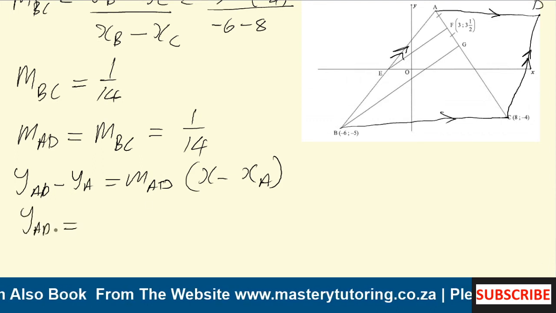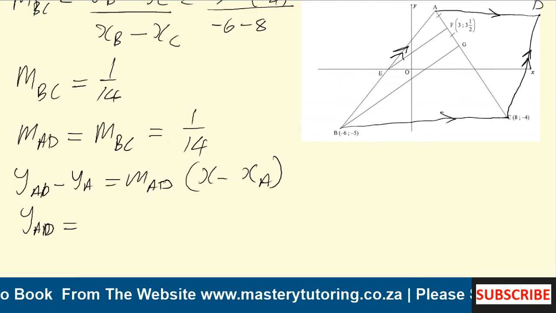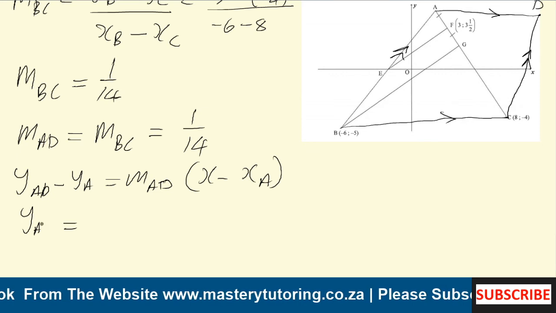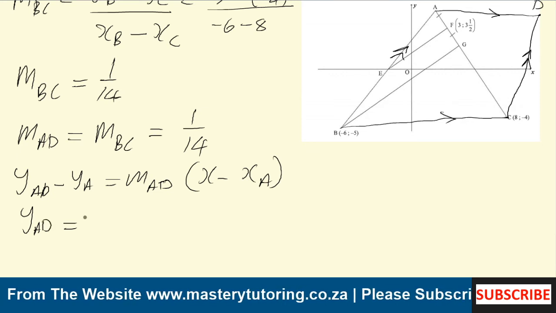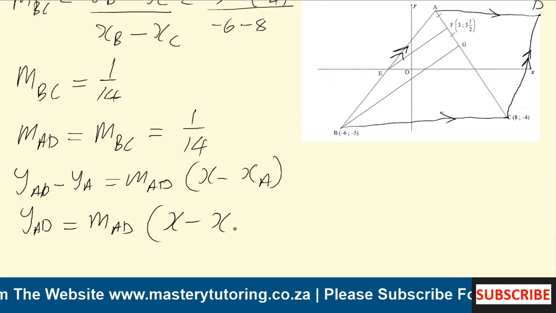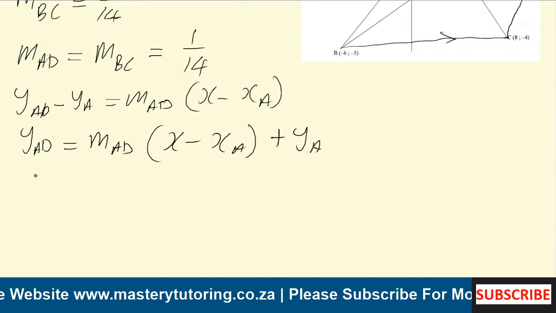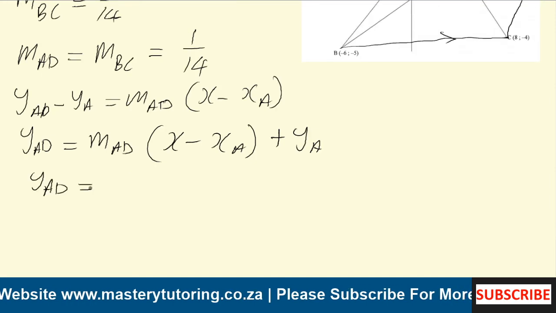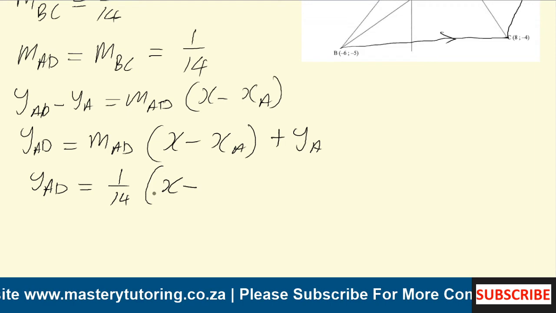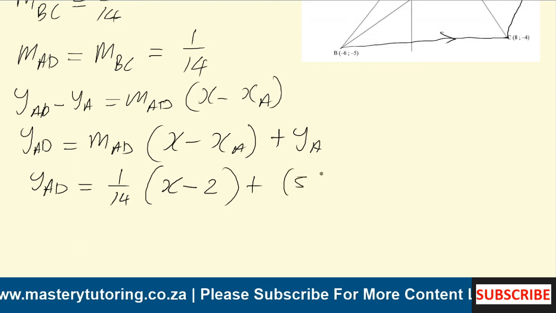So the equation of line AD is equal to, the slope is 1 over 14, then x at A is 2, plus y at A is 5.